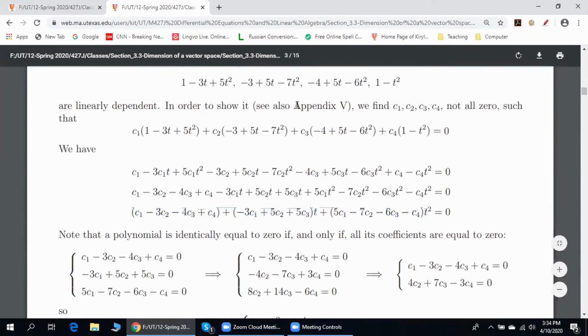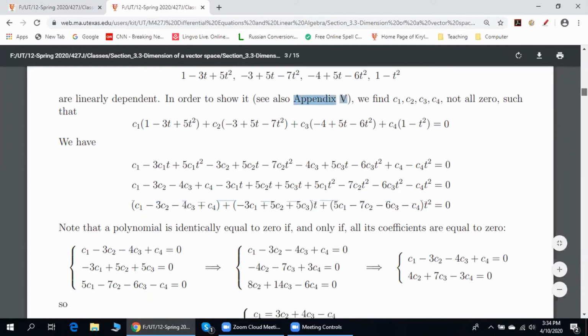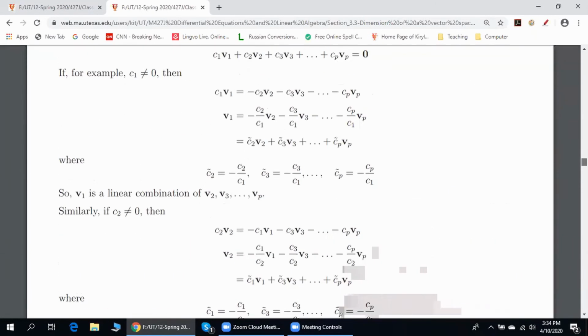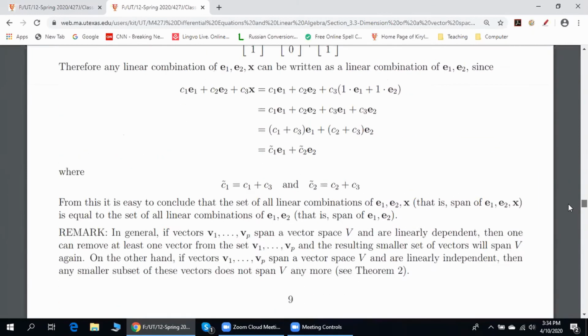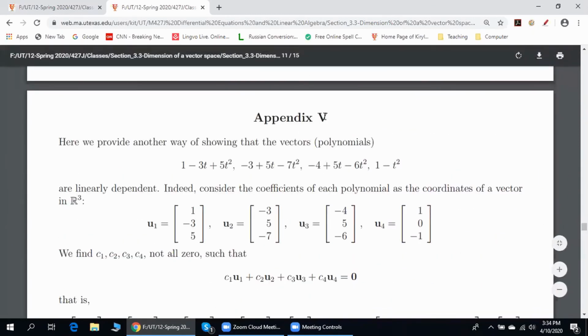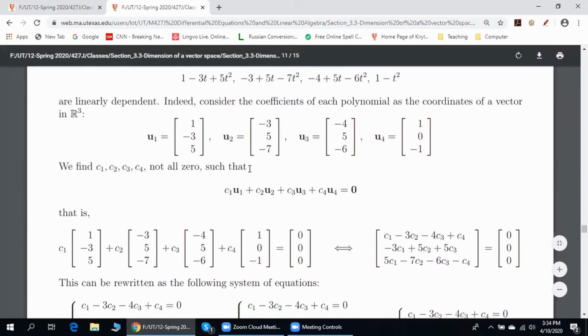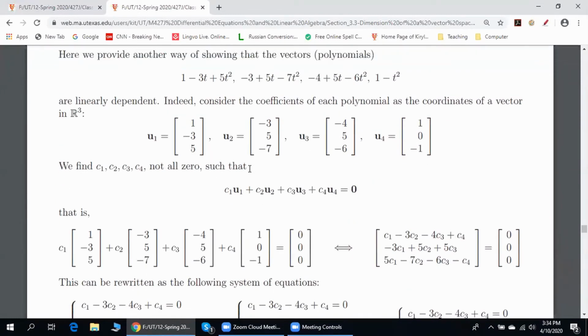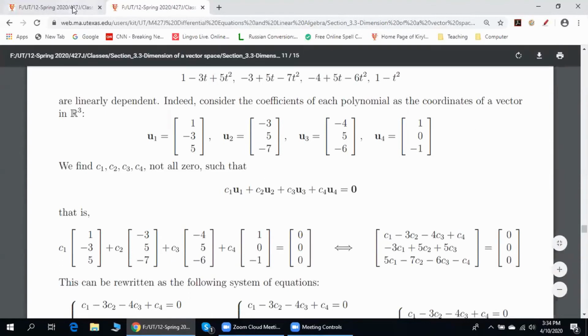However, in Appendix 5, I discussed a slightly different approach. Step 1: attach to each polynomial a corresponding matrix column formed from the coefficients, and then apply the previous theory. So put these matrix columns together, come up with an echelon form, and count the number of pivots. Done. All right, thank you. Sure. Other questions?